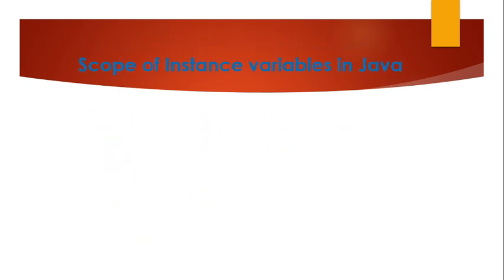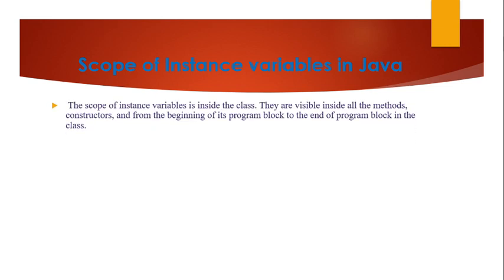Let's discuss the scope of instance variables in Java. The scope of instance variables is inside the class. They are visible inside all the methods, constructors and from the beginning of the program block to the end of the program block in the same class.